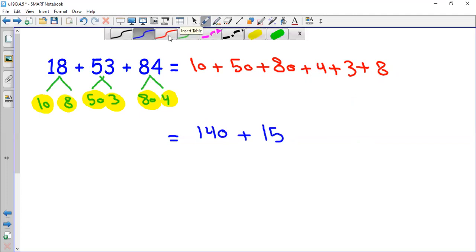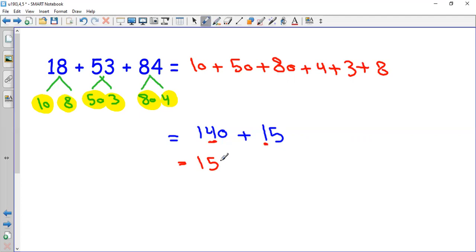Let's reorder these numbers, because I will add the tens together. So 100, I have only 100, and the tens, 40 and 10 is 50, and the ones, 0 and 5 is 5. So the answer is 155.